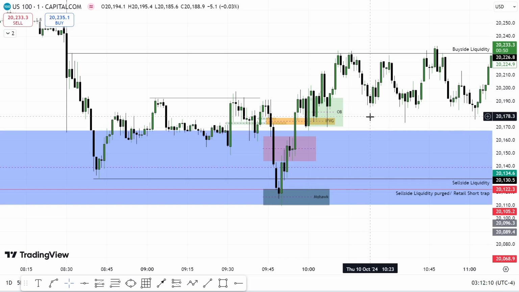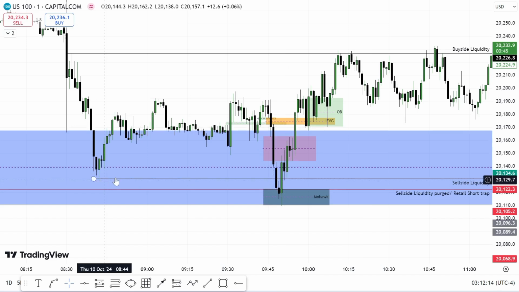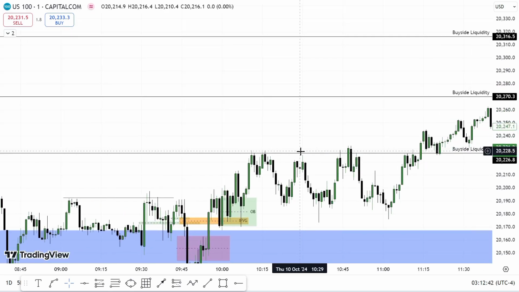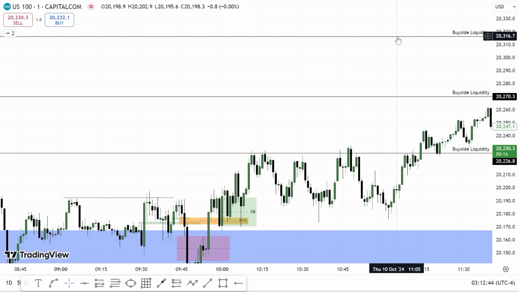There's a really big difference between a sell side liquidity taken and a breaking market structure. At this point here, a lot of people will look at this as a breaking market structure. This is not a breaking market structure because it has already offset a sell side liquidity. Same thing here: I don't really want to see this as a breaking market structure anymore because it has already offset a buy side liquidity, except that I have a long-term bias of going bullish, from this buy side liquidity here on the 1 hour time frame.